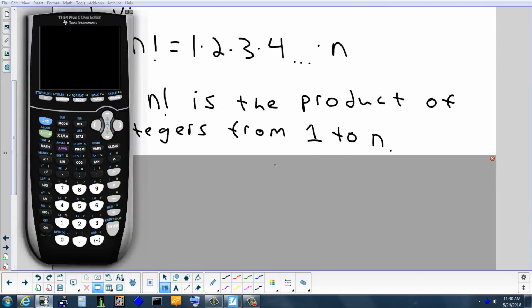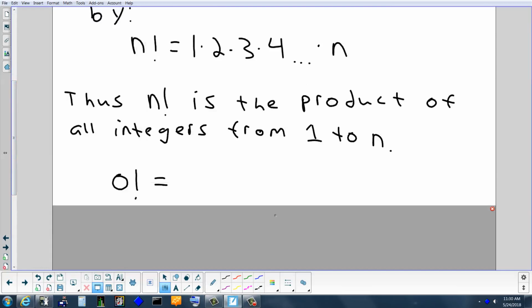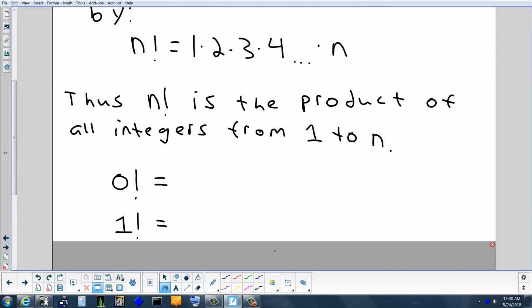It's on most calculators. On the graphing calculator, it's under math, probability, and it's the fourth option. So, the definition of a factorial is the product of every number from 1 up to your integer.